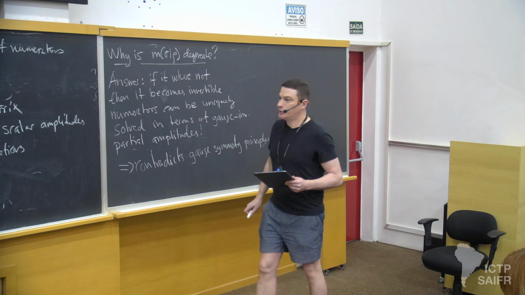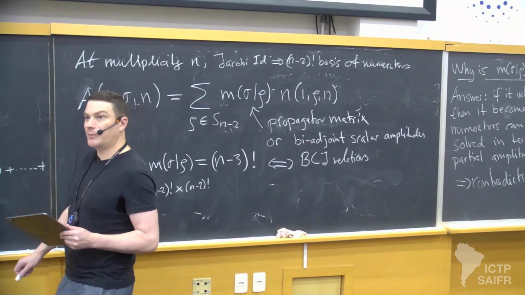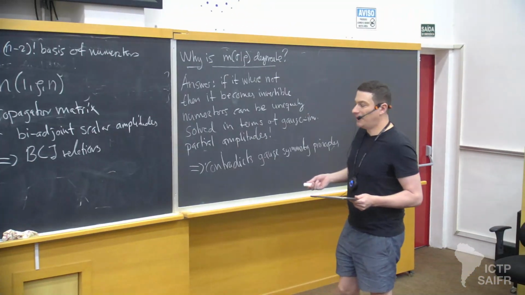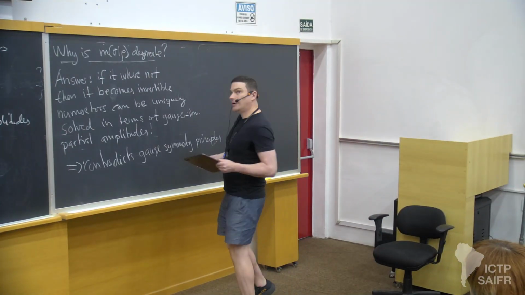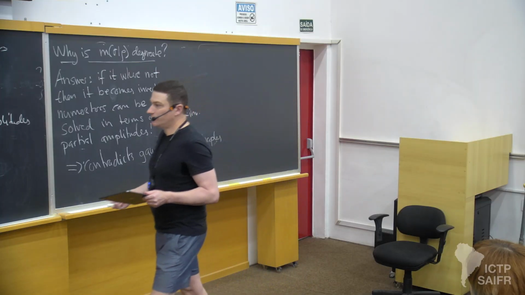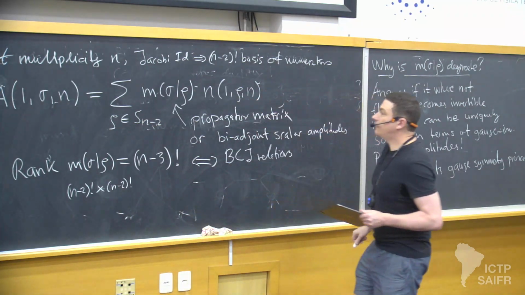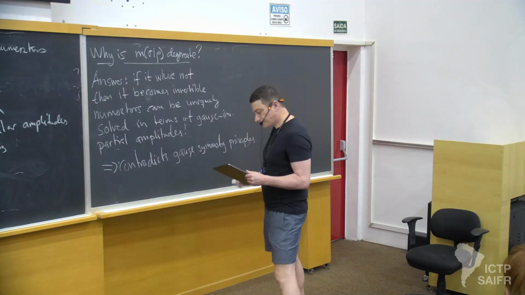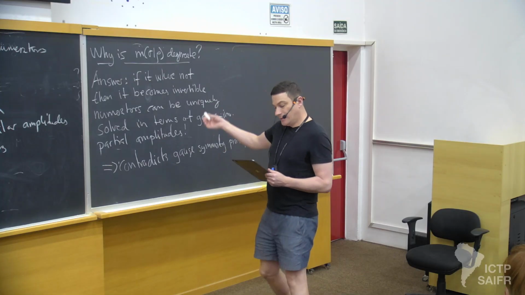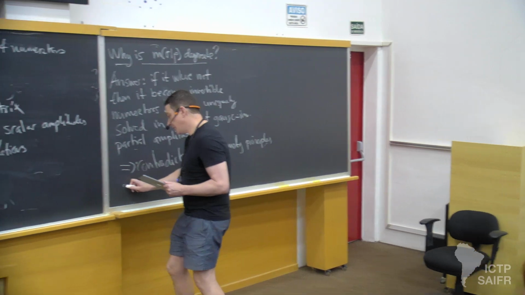You shouldn't be able to uniquely pin down numerators of Feynman diagrams. Well, we don't know if these objects are Feynman diagrams, but if we assume that they are, then you shouldn't be able to invert this matrix to get the numerators as a function of the partial amplitudes.